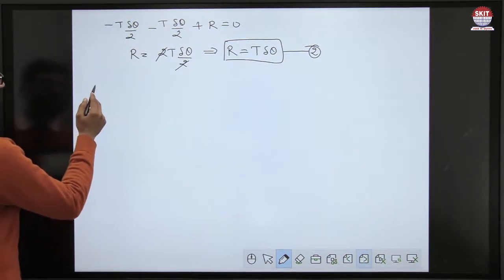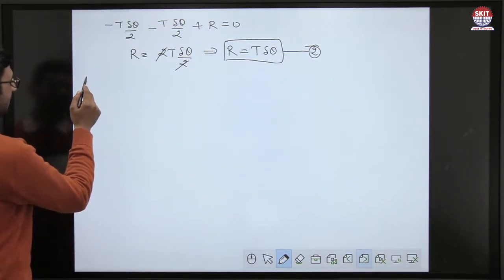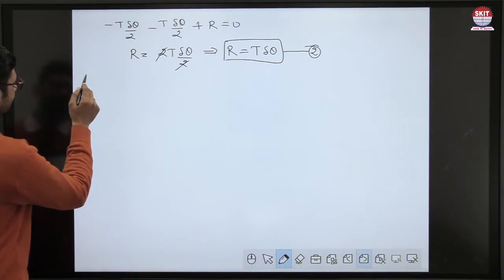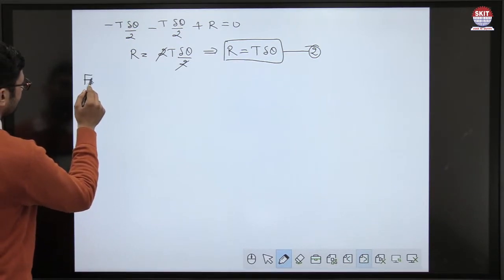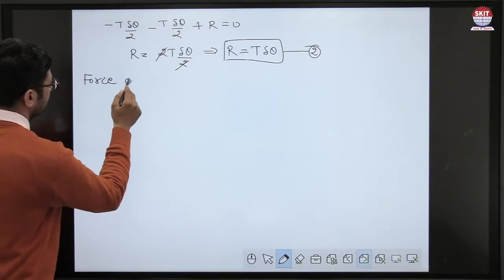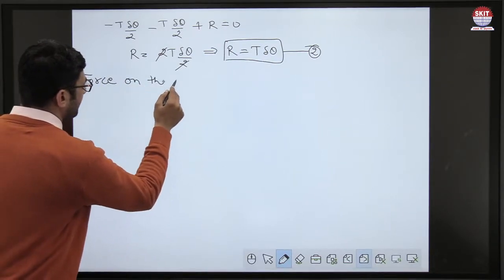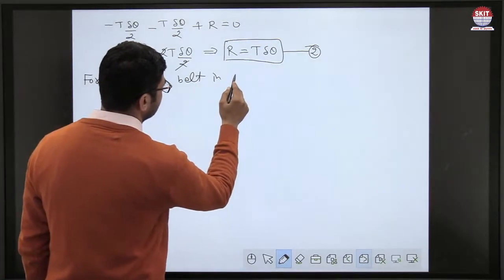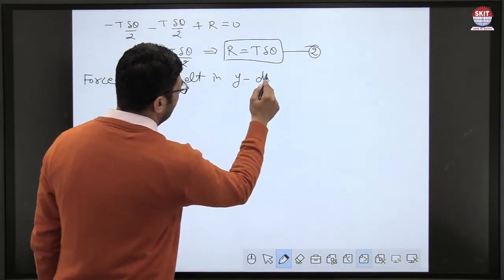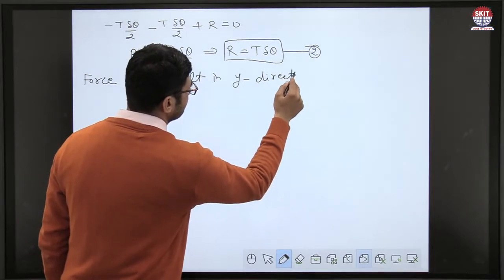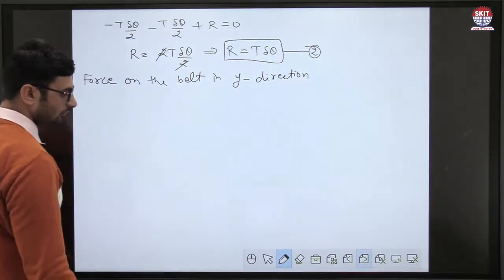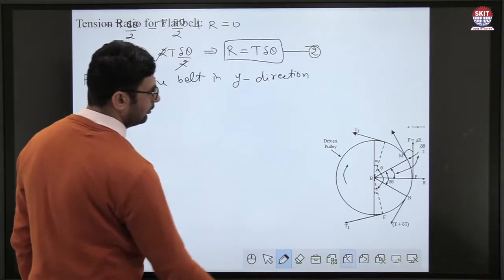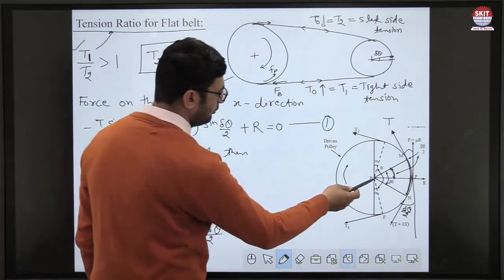Now the force on the belt in the y direction. What is the force in the y direction?